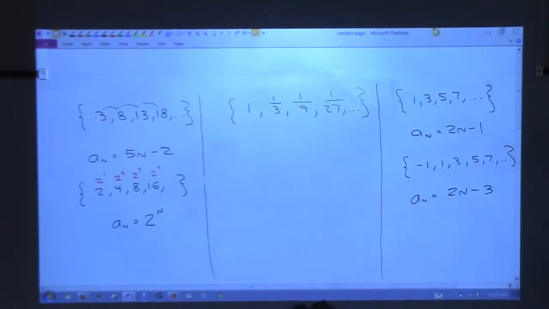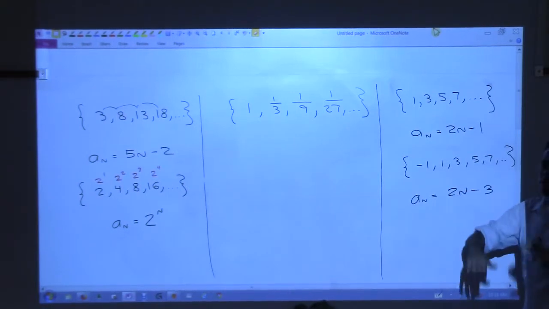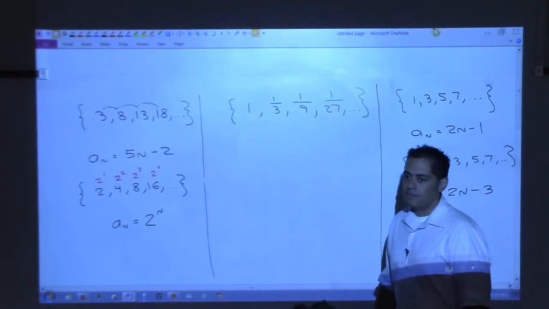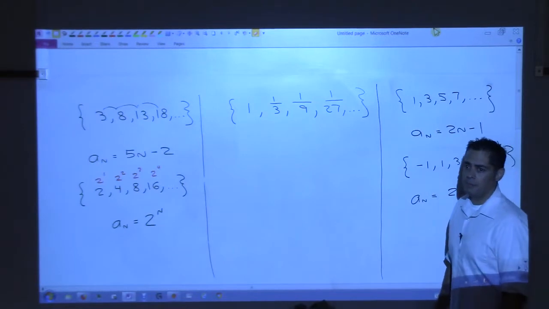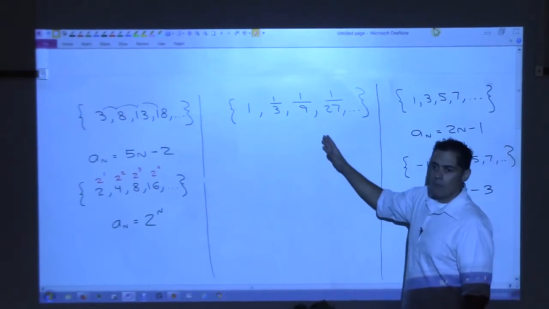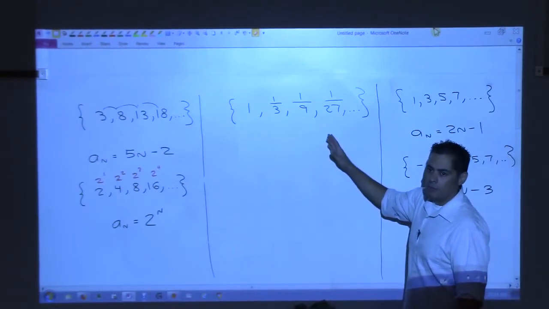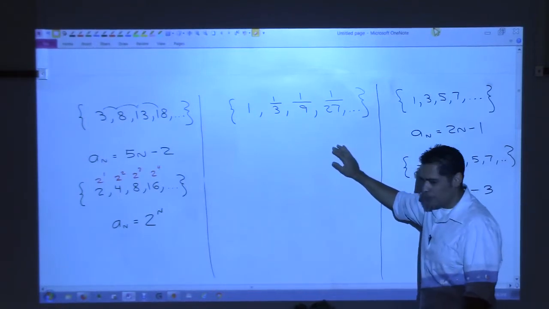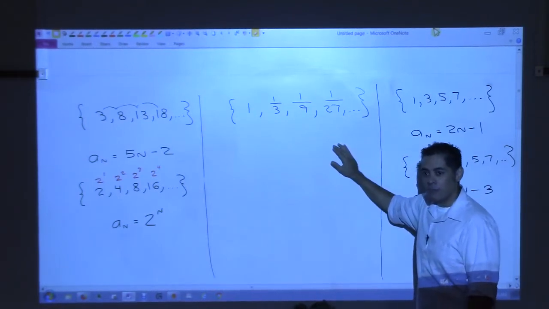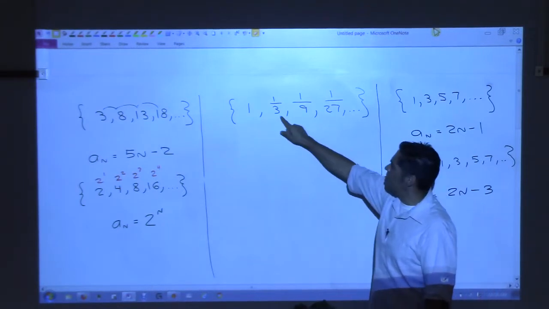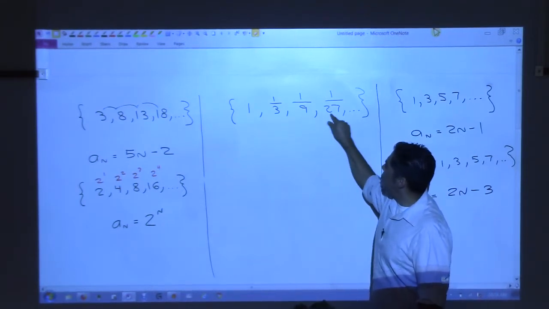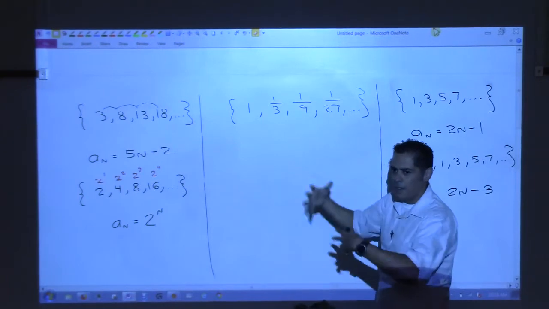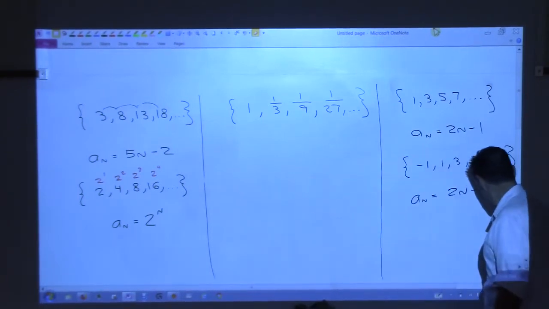Do you see any patterns that you recognize right now? Exponential? How? So how are these all related to one another? I want something, give me more.